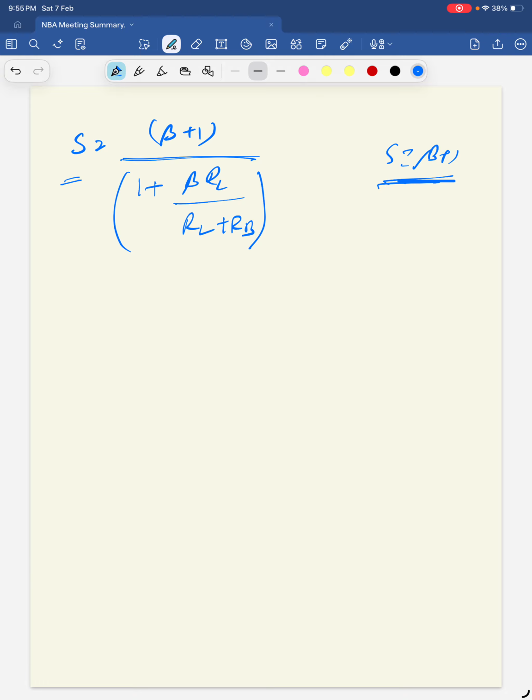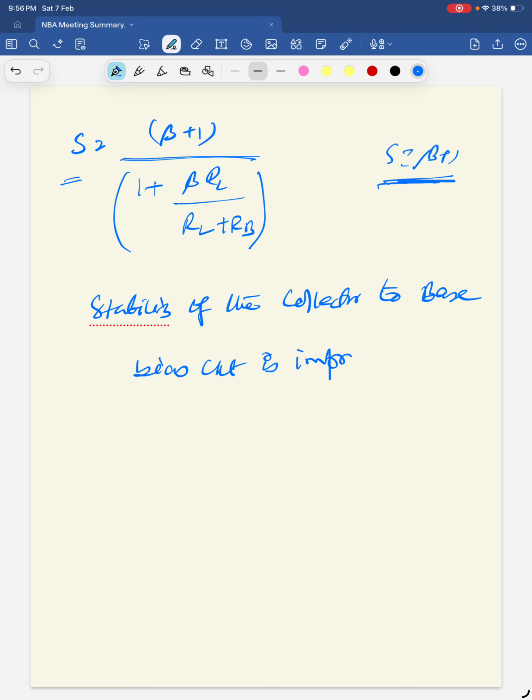So the stability of the collector to base bias circuit is improved with respect to the fixed bias circuit. This is very important.